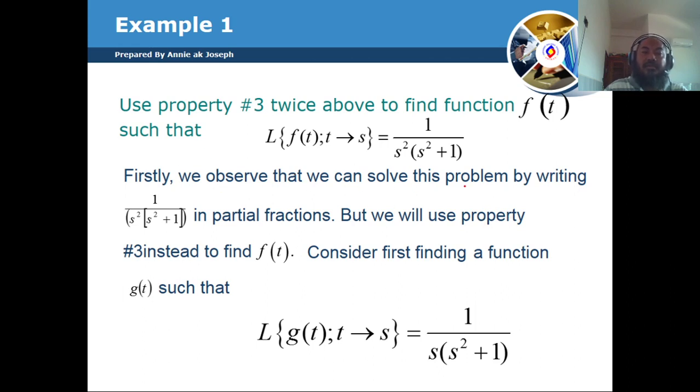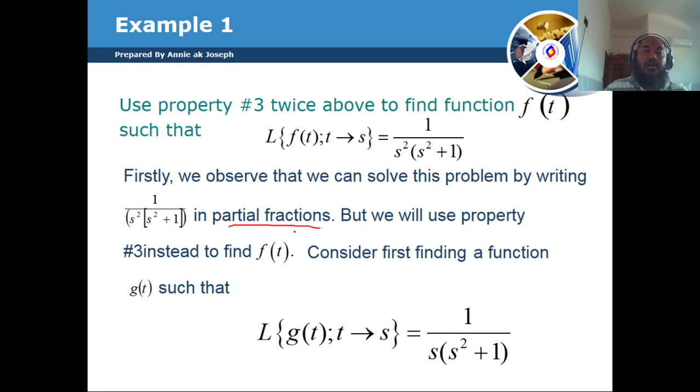First we observe that we can write 1 divided by s squared multiplied with s squared plus 1 in partial fractions. We did solve that in week 9, where we can try A, B and so on, separating this into A divided by s squared plus B divided by s squared plus 1.